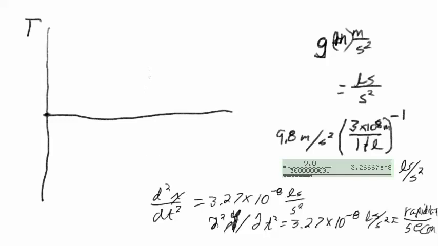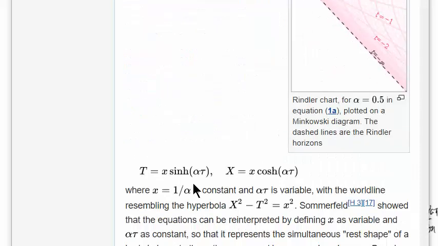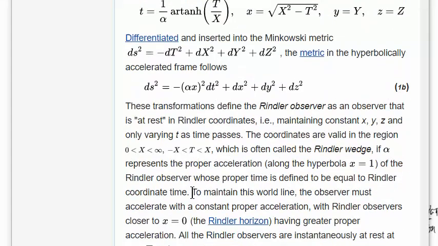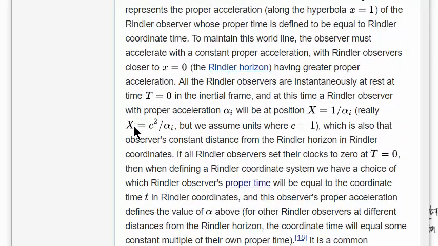So now once we've got that set up, we draw this hyperbolic arc. And the hyperbolic arc is going to have a certain property. Let's get that property from Wikipedia. All right, characteristics of the Rindler frame. Scrolling down a little ways, we see x equals c squared over alpha.